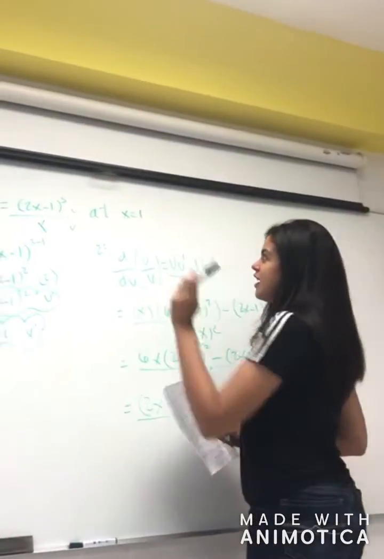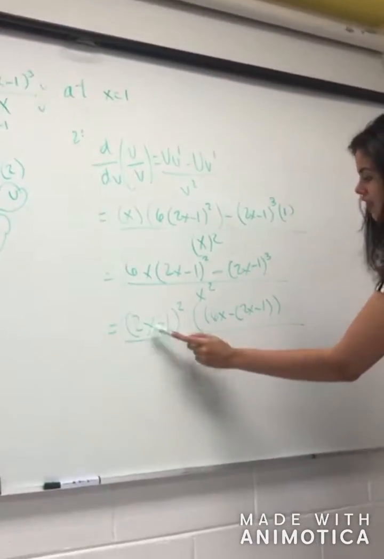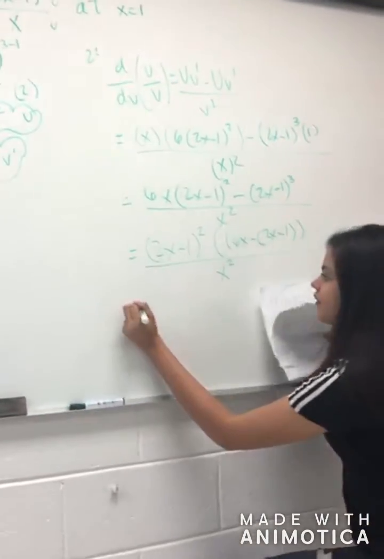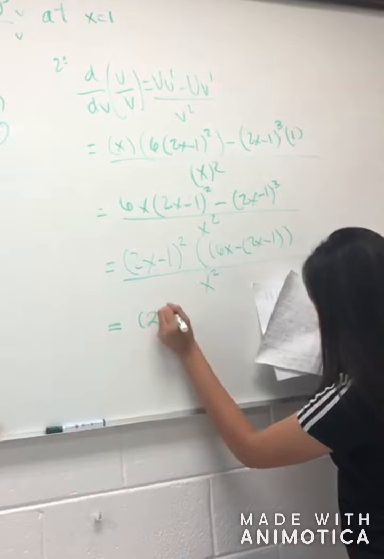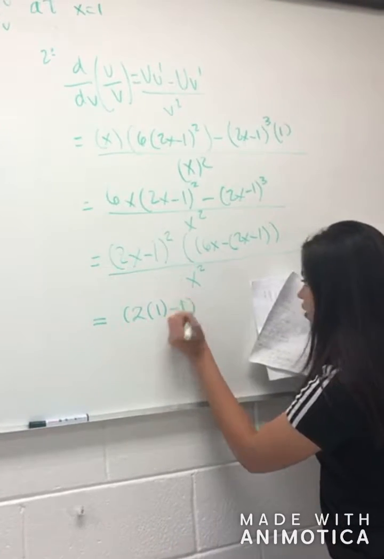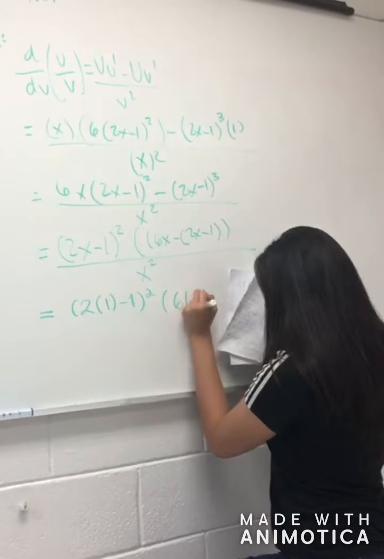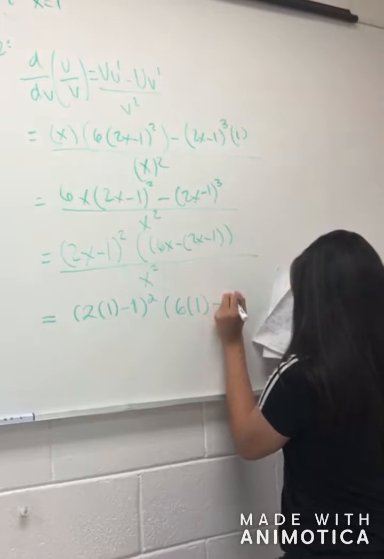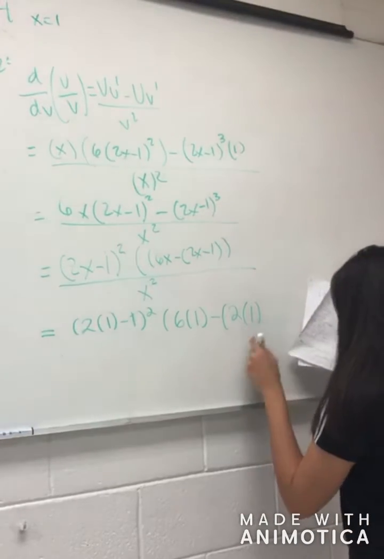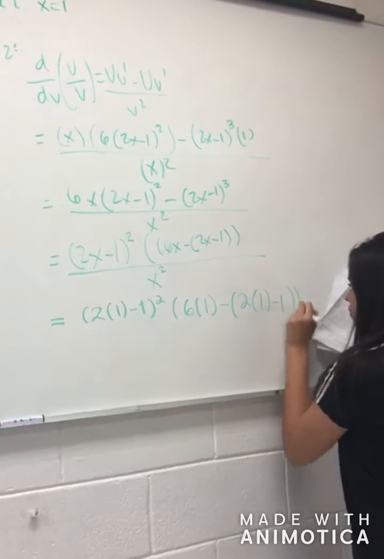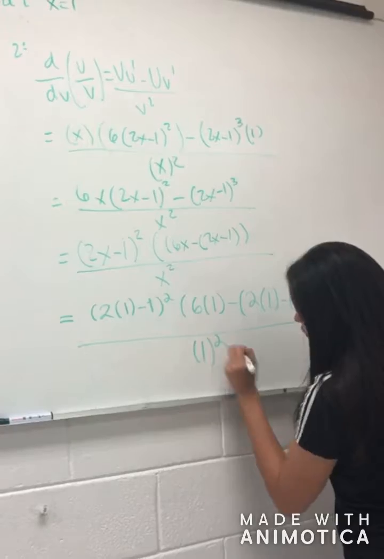Now the problem says that x is equal to 1, so we have to change this x for the number 1. It is 2 multiplied by 1 minus 1 to the power of 2, multiplied by 6 minus 2 multiplied by 1 minus 1, over 1 to the power of 2.